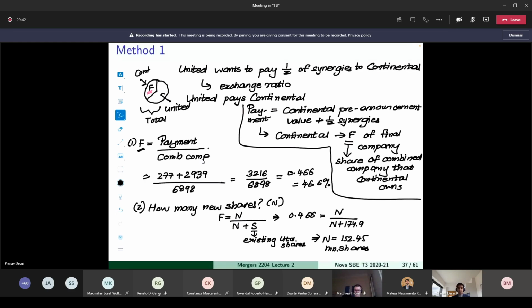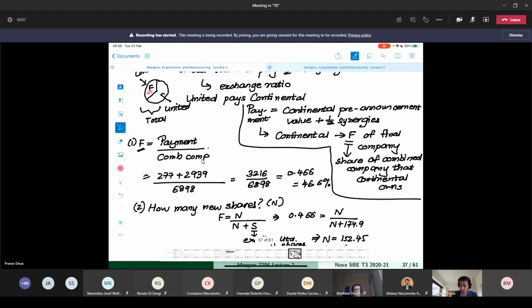So what is happening over here is that now we have to determine how many new shares have to be issued by United to Continental so that Continental ends up with that F percentage of the total company as ownership. Now we arrive at that F value based on this initial synergies.